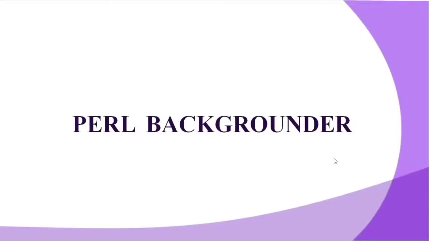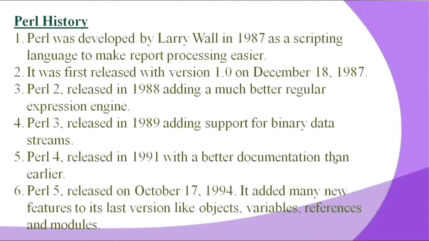Okay. Next, Perl history. Perl was developed by Larry Wall in 1987 as a scripting language to make report processing easier. Next, it was first released with version 1.0 on December 18, 1987. Next, Perl 2, released in 1988, adding a much better regular expression engine.